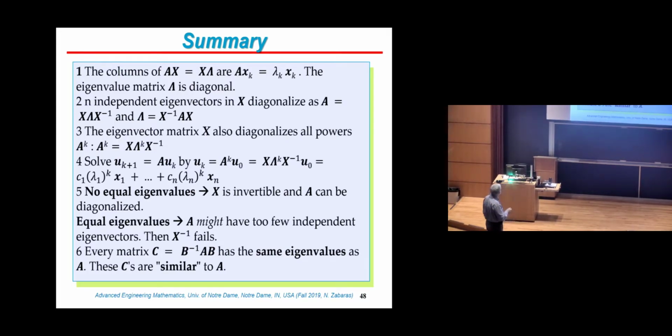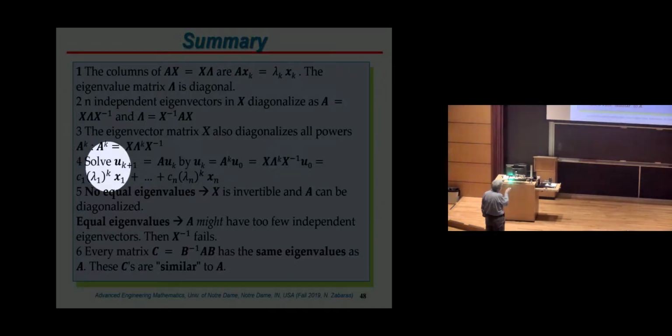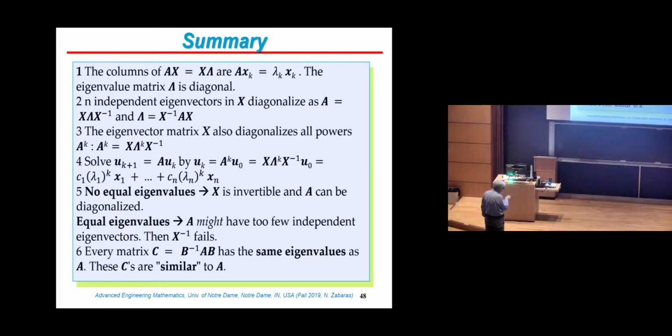OK. So the thing that we need to do often in engineering applications is to solve this iterative problem. We have some vector, let's say u0 at time 0, and we want to keep applying this calculation, A times u0 to give me u1, A times u1 to give me u2, etc. If you have any dynamical problem, this is what you do.